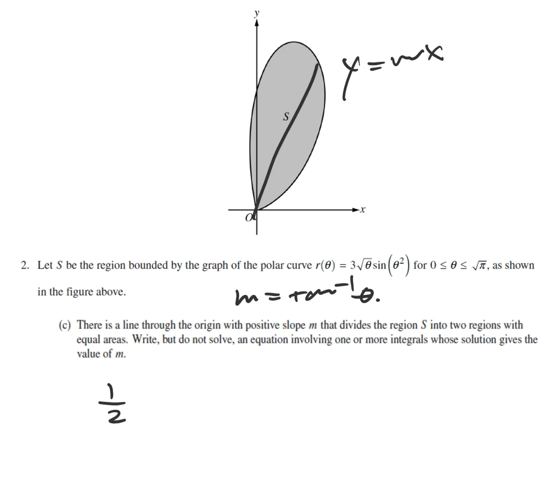We're trying to say that the area from 0 to whatever this theta is equals the area from theta to square root of pi.